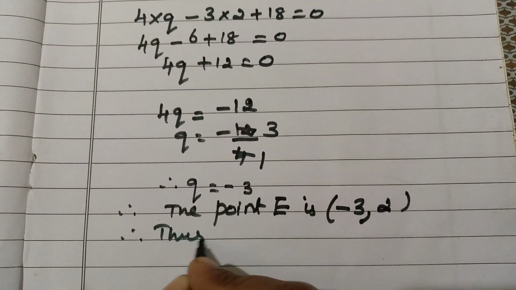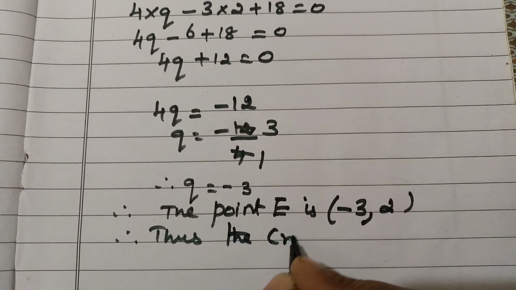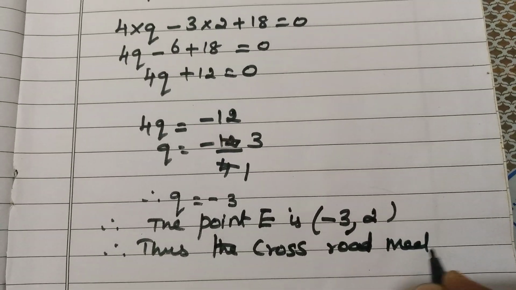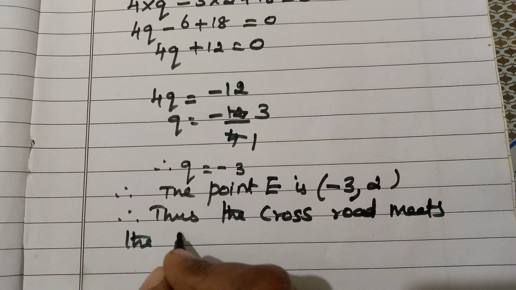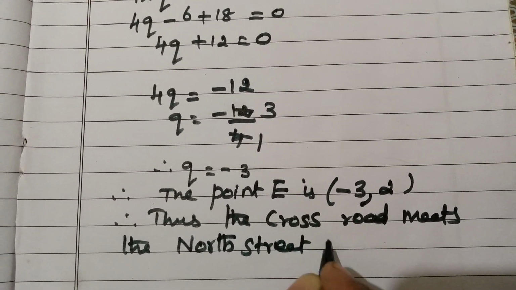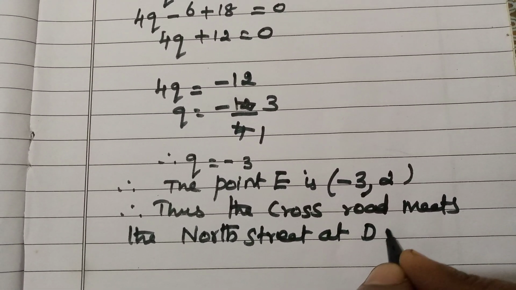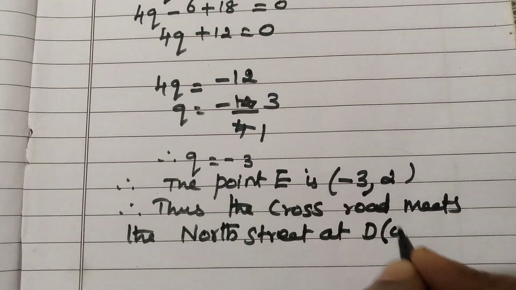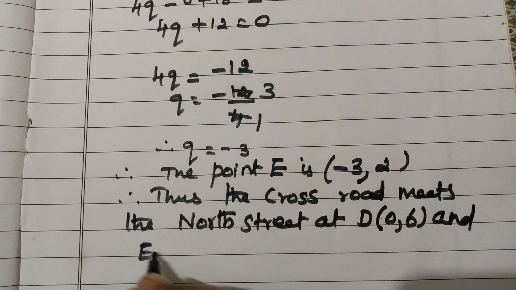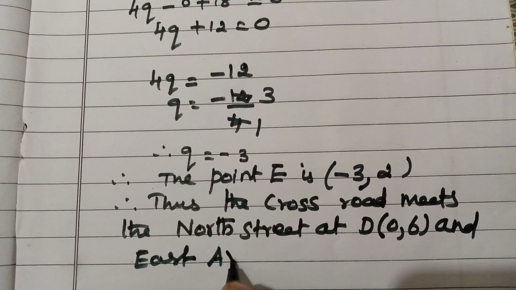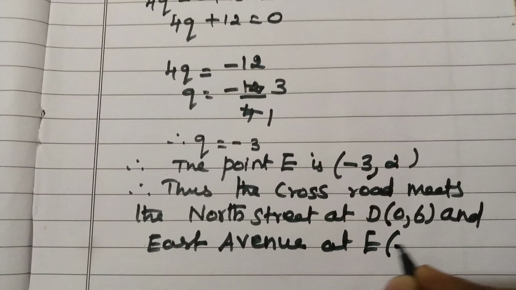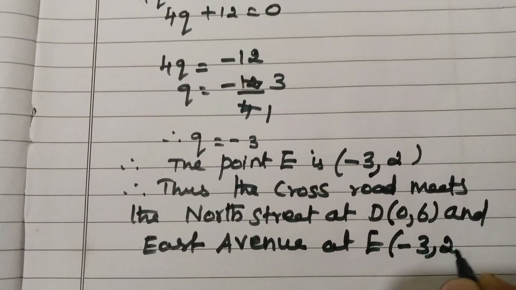Thus the crossroad meets the North Street at D, and D is (0, 6), and the second subdivision, East Avenue, at E, which is (minus 3, 2). Understood, students?